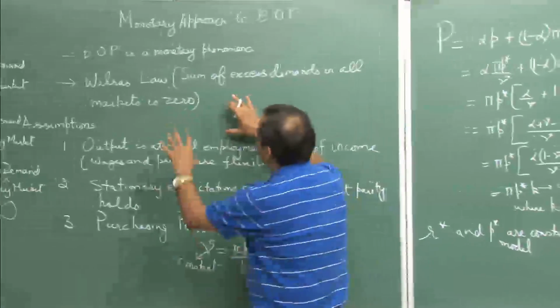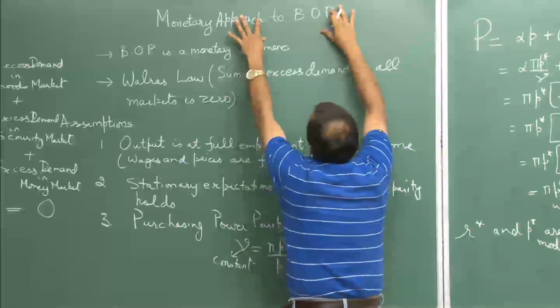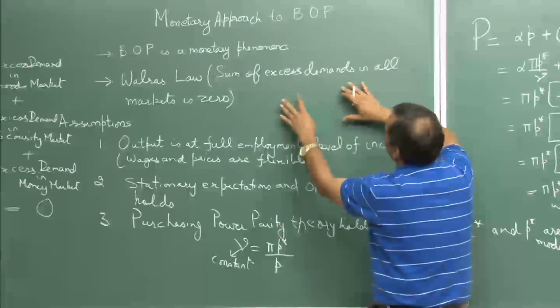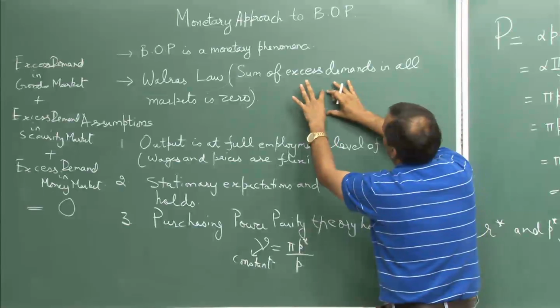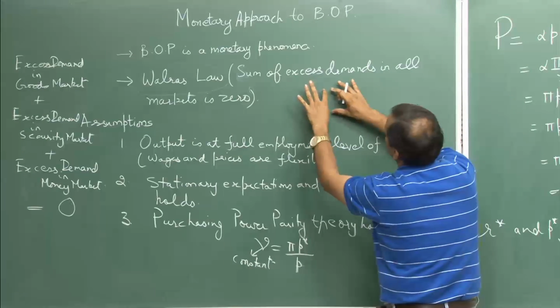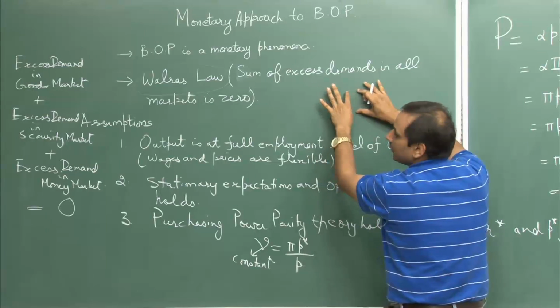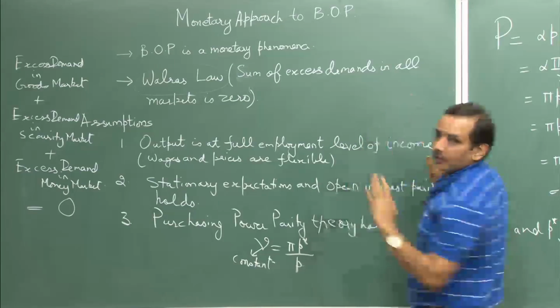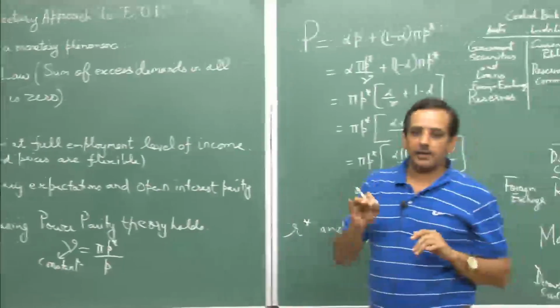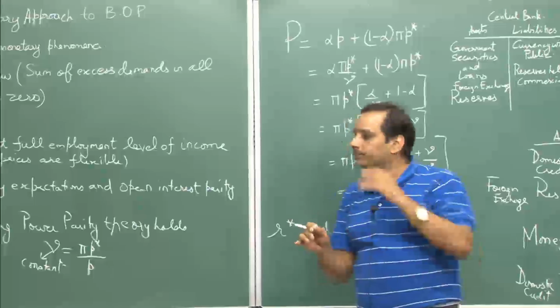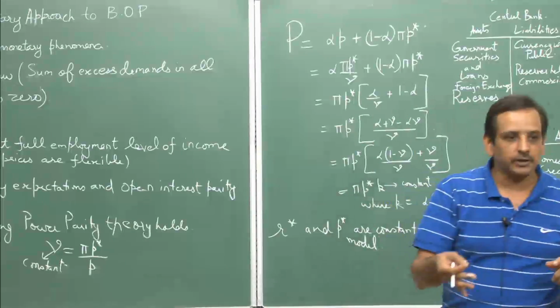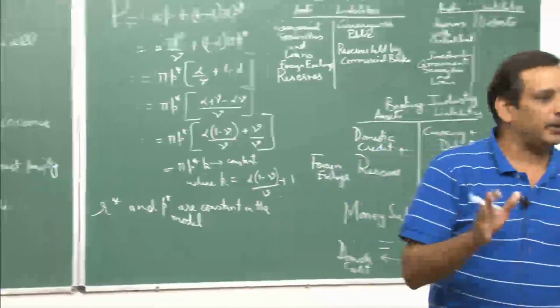So the final claim of the monetary approach to balance of payment, maybe you need to note it down, is that any balance of payment disequilibrium, any balance of payment surplus or deficit, is a temporary phenomenon.